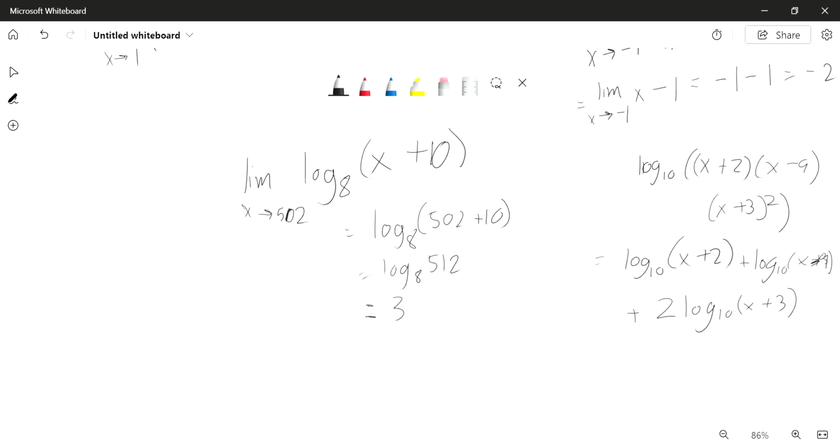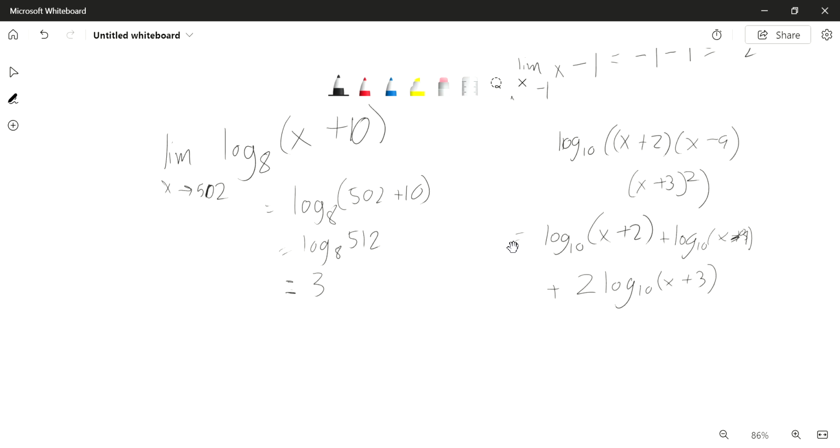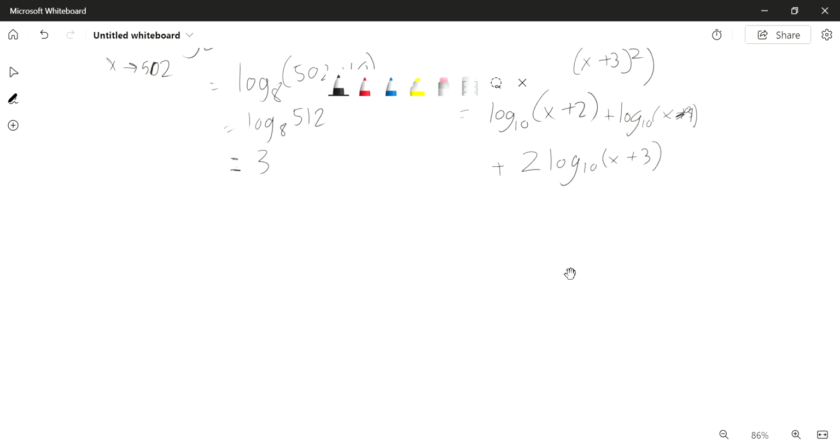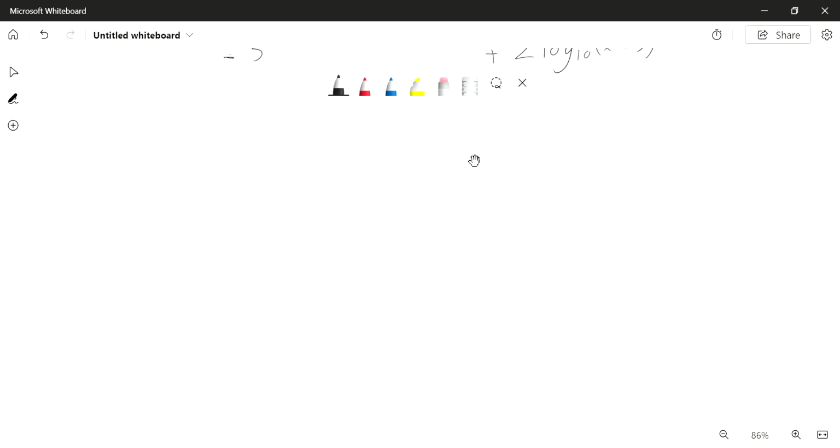And I say 2 log because the square can be taken out. And if you've done any previous math course, you may be familiar with how the logarithmic rules work. As long as they're the same base and you're multiplying or dividing, you can rearrange it so that it's either added or subtracted like this. But that's for another video when I begin making tutorials for other math courses.